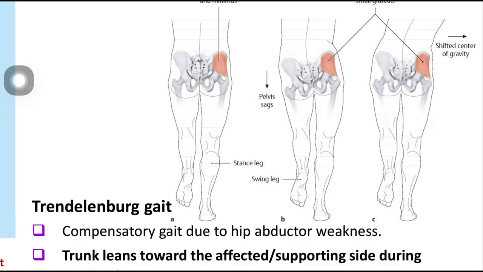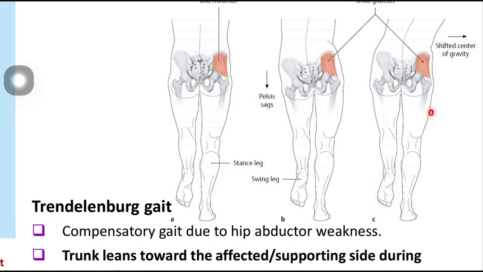What you will do is lean toward the problematic side, so that you have more room for the swing leg to move forward. So please take the image here. This is a compensatory action, to make sure that there is enough room for the swing leg to move on.